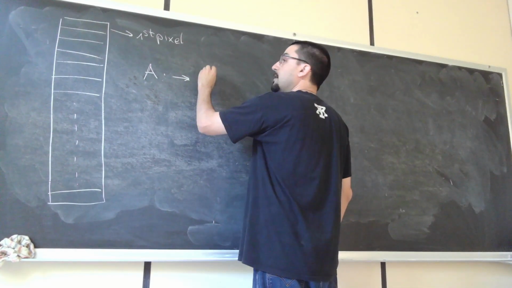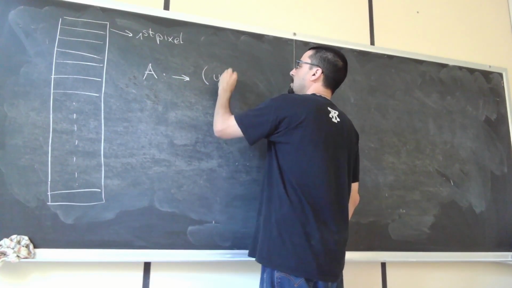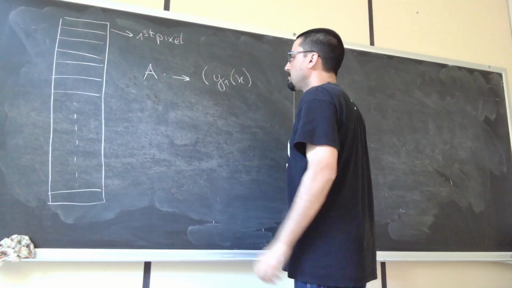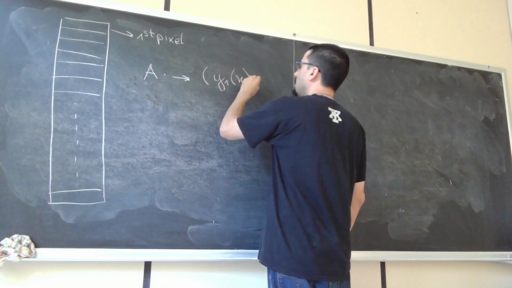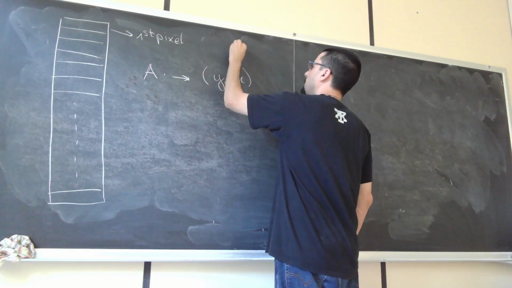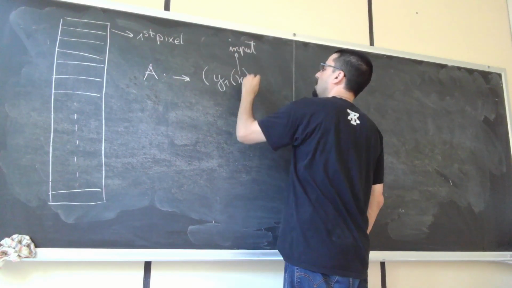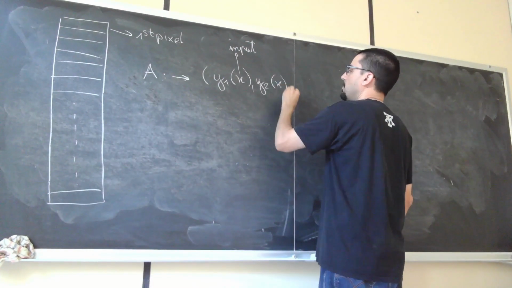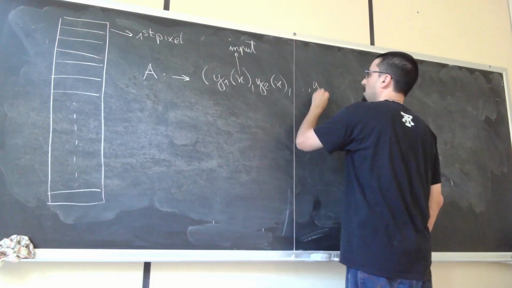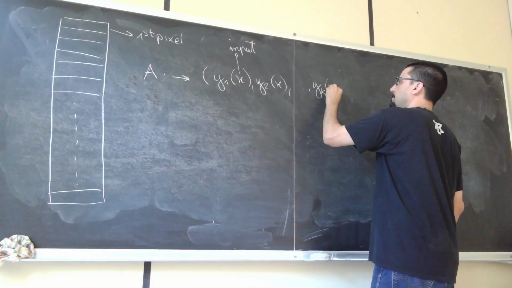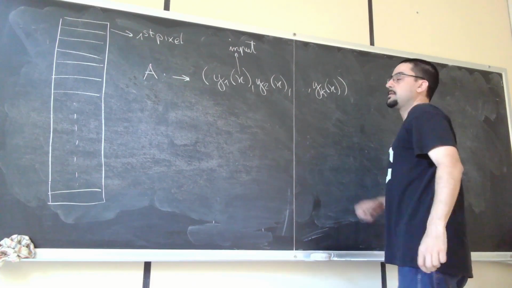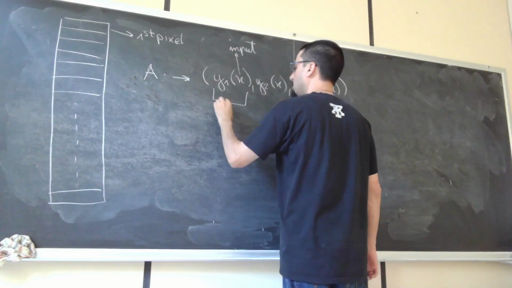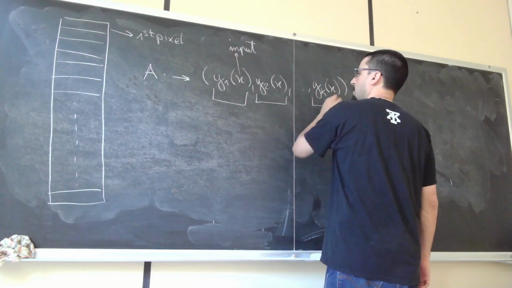So we will have the probability that the input X belongs to the class Y1, then the probability that X belongs to the class Y2, until, if we have K classes, the probability that it belongs to the K class. So these are all probabilities.